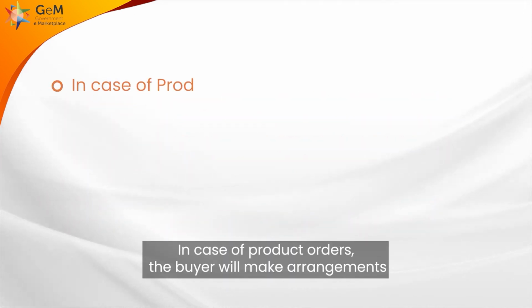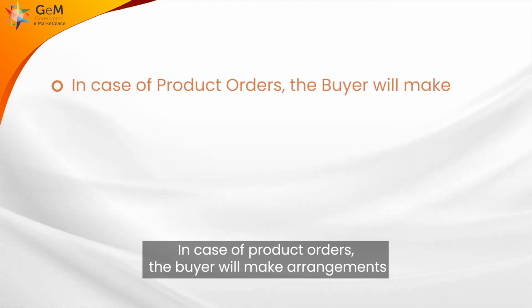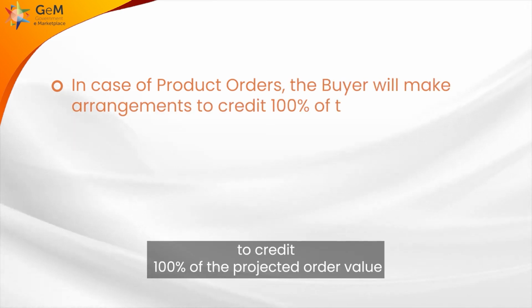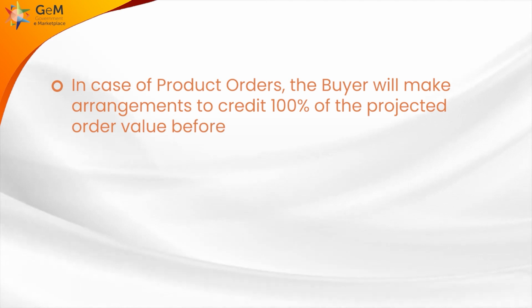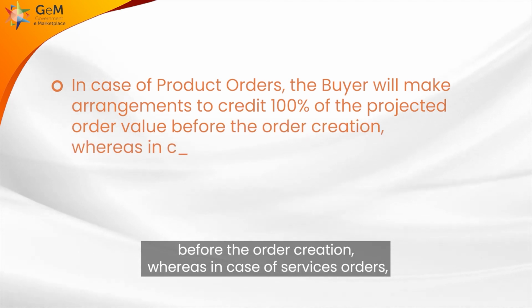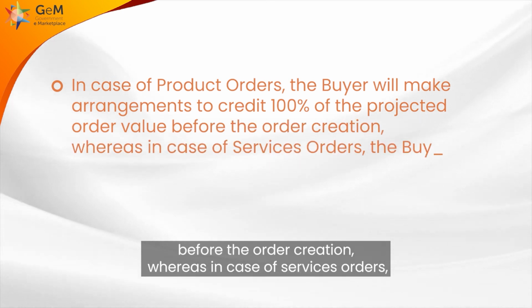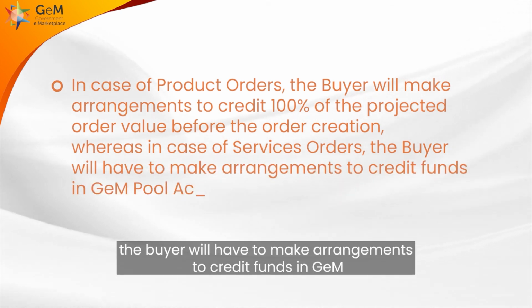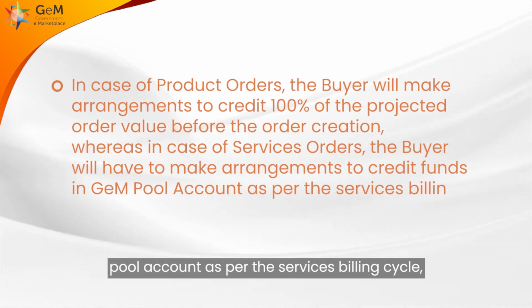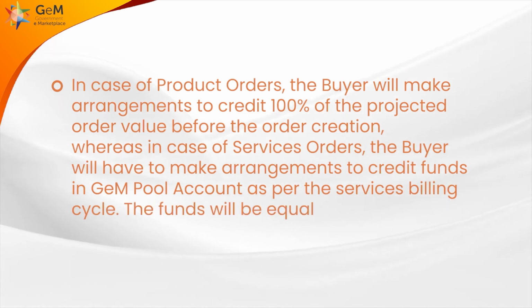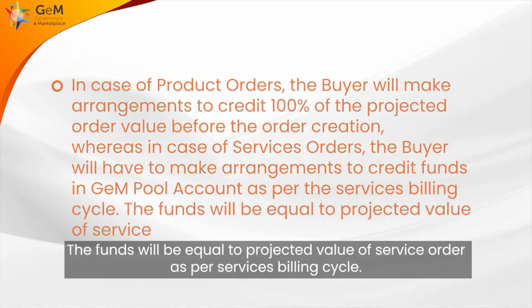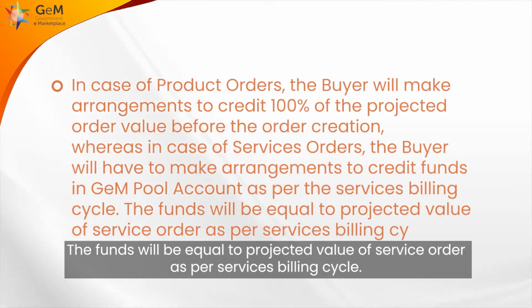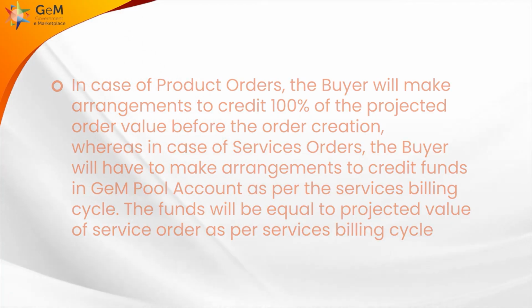In case of product orders, the buyer will make arrangements to credit 100% of the projected order value before the order creation, whereas in case of services orders, the buyer will have to make arrangements to credit funds in the Gem Pool account as per the services billing cycle. The funds will be equal to the projected value of the service order as per the services billing cycle.